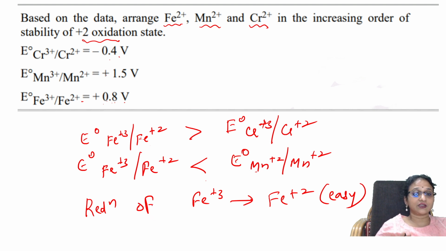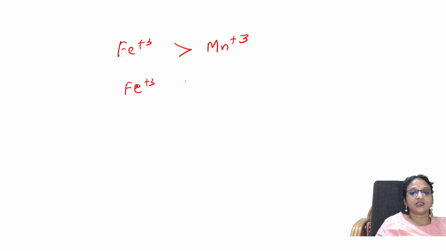So what is the understanding now? Here, Fe3+ is more stable than Mn3+. Fe3+ is less stable than Cr3+. Okay, if this is confusing, I'll write here more stable, and this less stable.